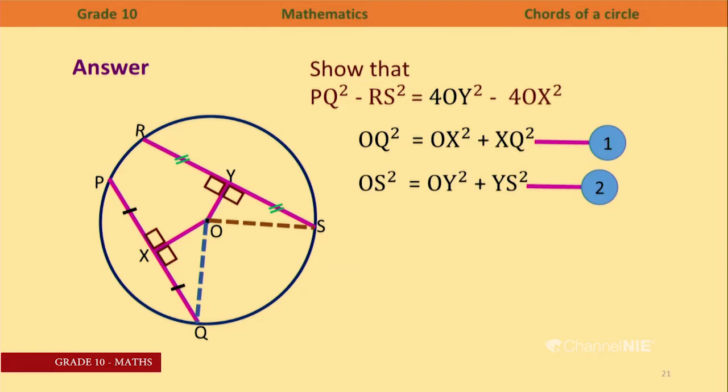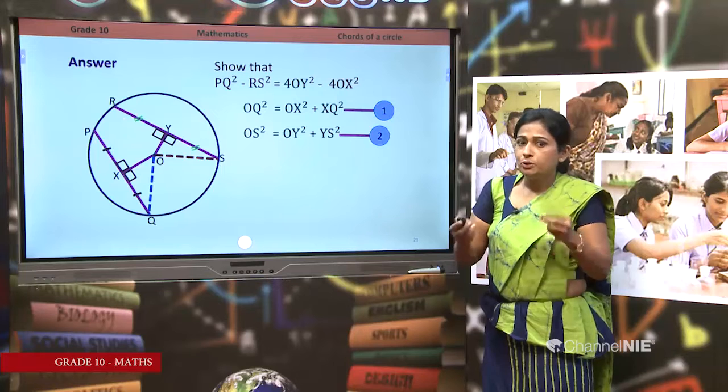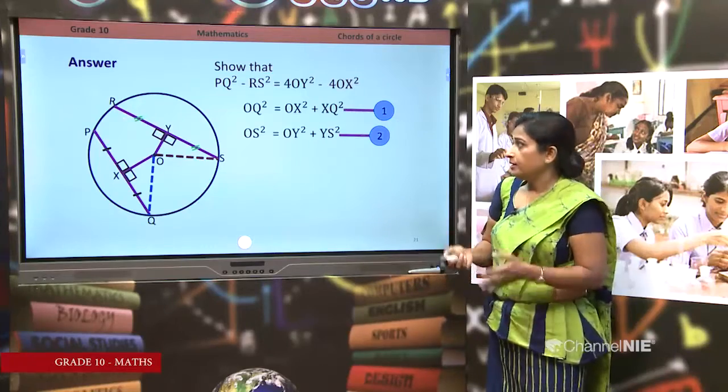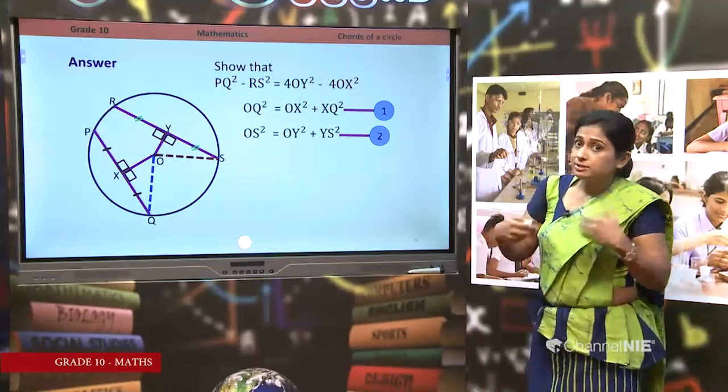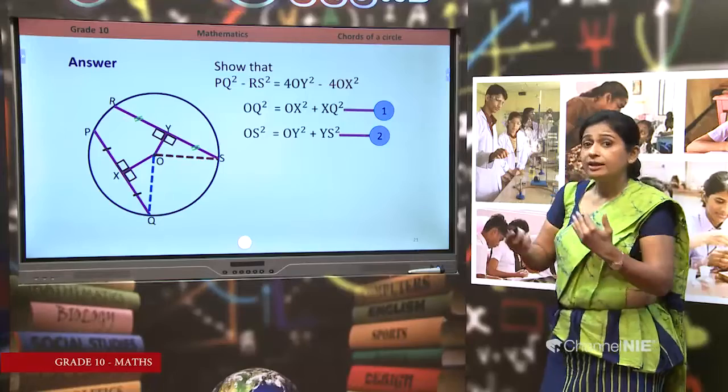OQ and OS are the radii of this circle, so if we square them also, we can say they are equal.